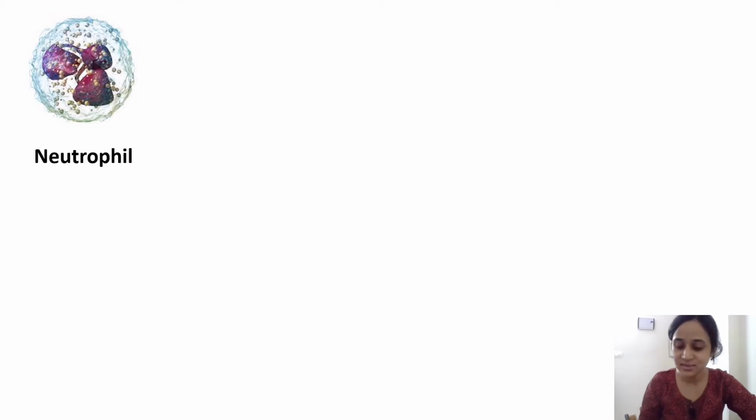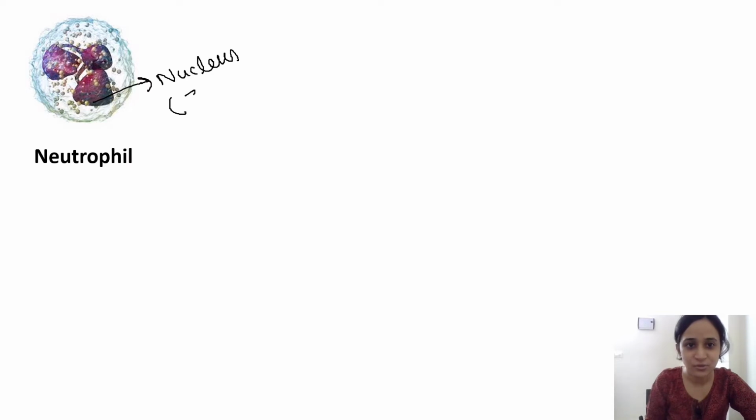Neutrophil. The neutrophil has this nucleus. This is an enlarged nucleus and it has 3 to 5 lobes. In this picture we can see only 3 lobes.